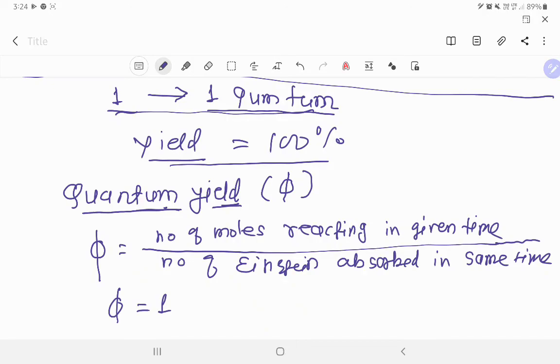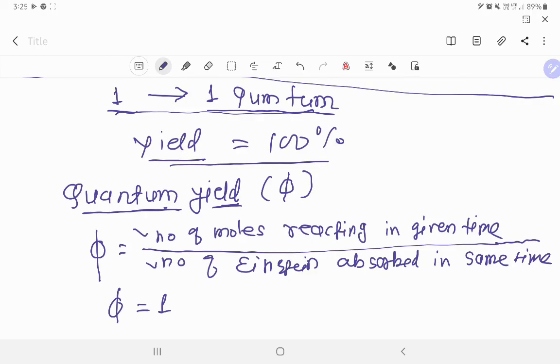Because we know the law of photochemical equivalence: one molecule absorbs one quantum of radiation and that absorbed molecule may react to form the product. Therefore, the ratio of the number of moles reacting to the number of moles of Einstein absorbed in the same time will be 1.